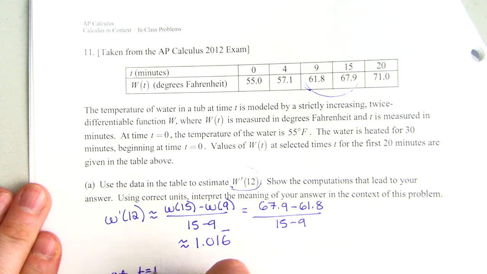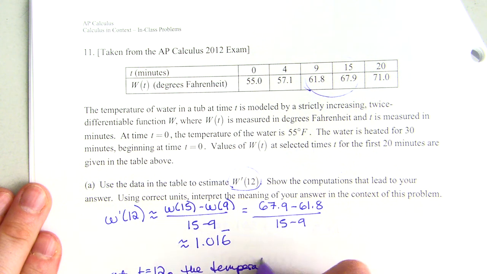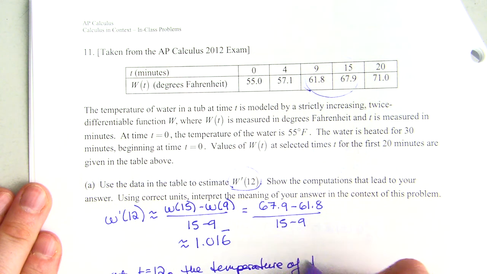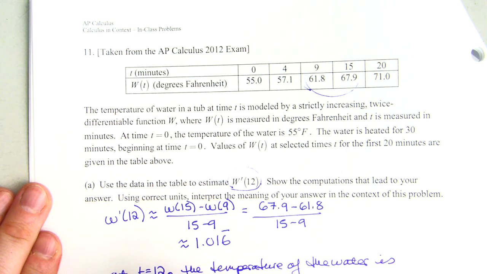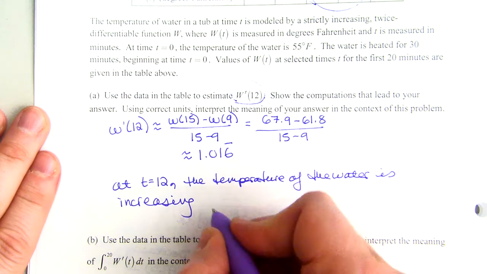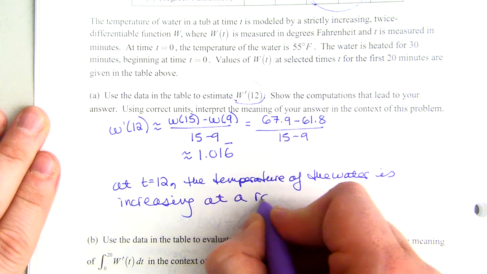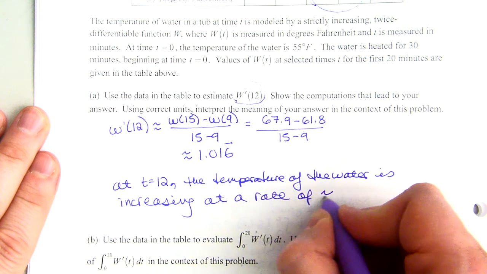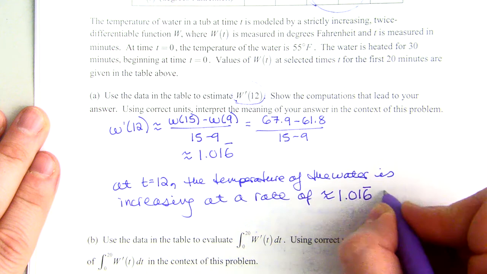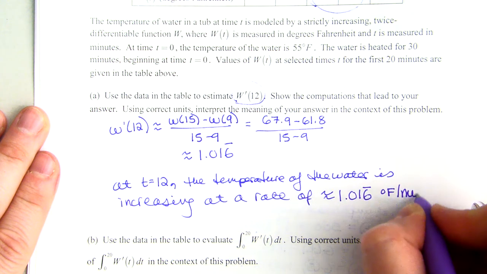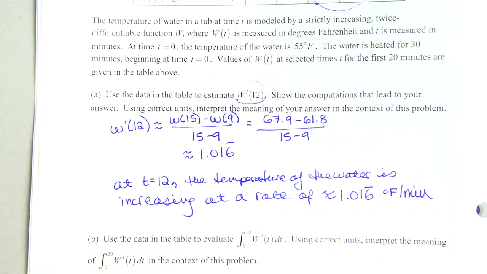At t equals 12, the temperature of the water is increasing at a rate of about 1.016 repeating degrees Fahrenheit per minute. You could say the temperature is changing at a rate of that, or since it was positive, we can say increasing at that rate.